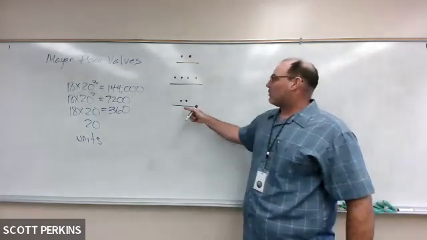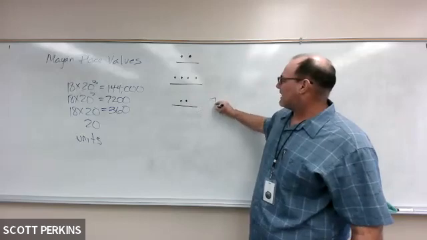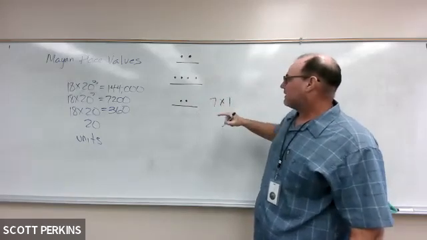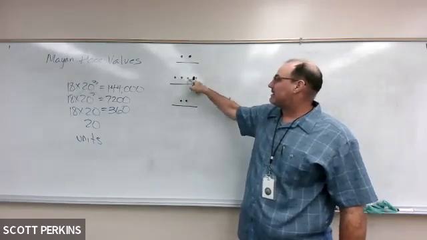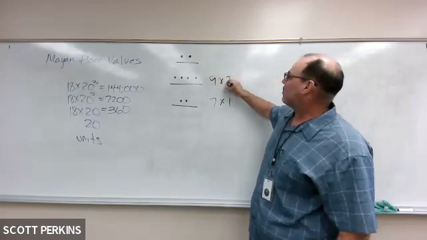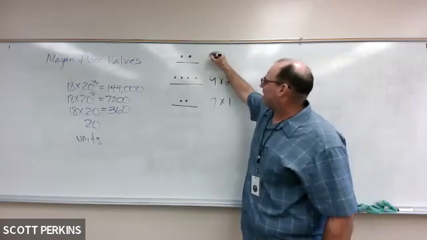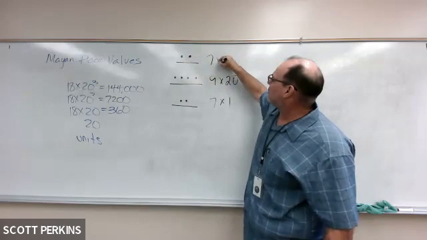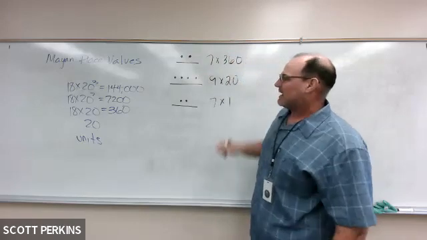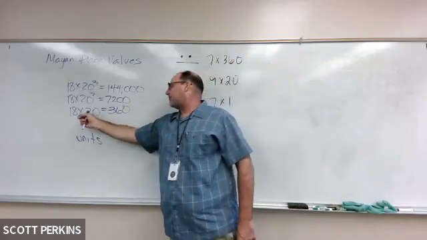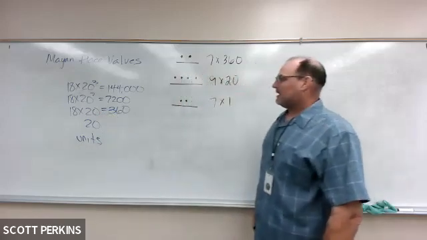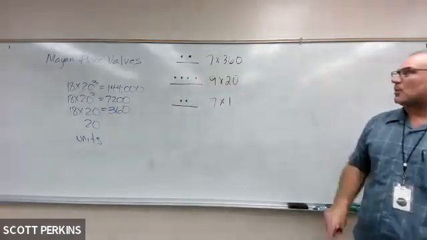All right, so the bottom one is 5, 6, 7, so that's 7 units. The next one is 5, 6, 7, 8, 9. It's 9 groups of 20. The top one is 7, and that's 7 groups of 360. Again, that is the novel thing to the Mayan system, is they don't go straight base 20.